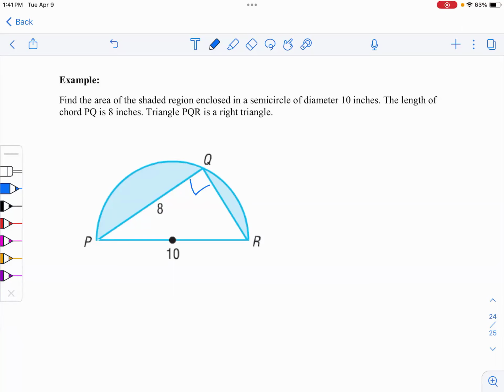This one doesn't have a full name. It's called a 3, 4, 5 triangle, the most famous right triangle that exists. It just happens to be 6, 8, 10. Remember all multiples of this work as well. Or did you just do Pythagorean super fast in your head? No, I did the 3, 4, 5. Okay, so you did 3, 4, 5, you just forgot what it's called. And so this missing side is then 6.